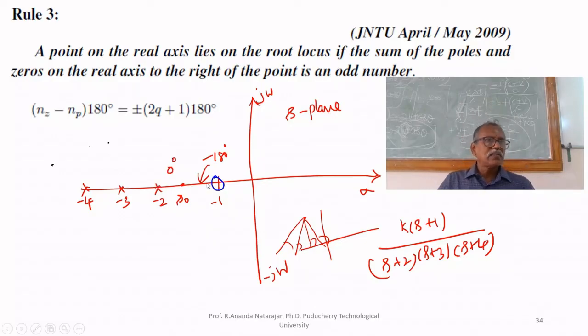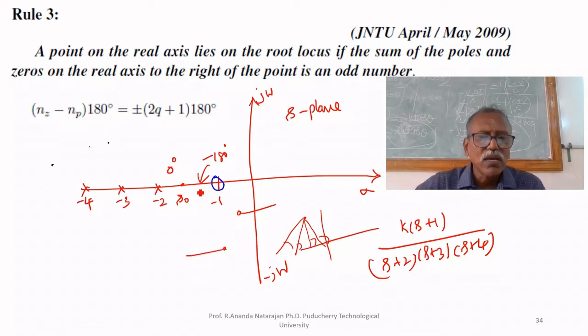Towards the right, any point, if you draw a line like this, the angle is 0. If you draw a line the other way, the angle is 180 degrees. What is the line joining minus 3 and S0? That is also 0 degrees. What is the line joining minus 4 and S0? That is also 0 degrees. Add all the angles.